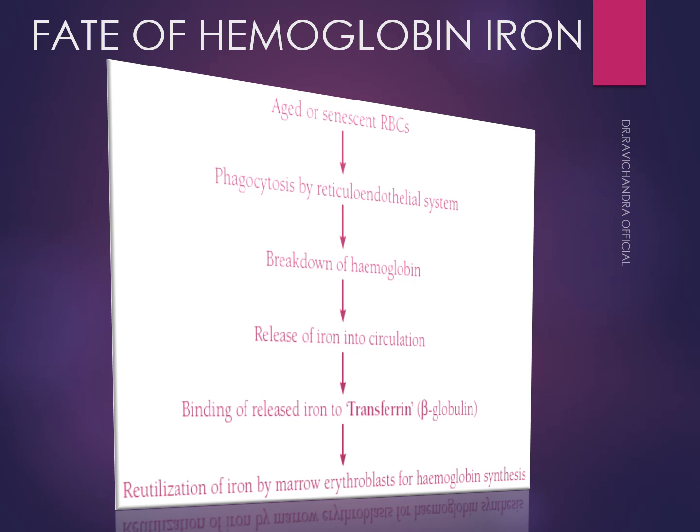RBC will be phagocytized by the reticuloendothelial system, liver and spleen, and there will be breakdown of the hemoglobin into heme and globin, and iron is released from the heme into the circulation. This released iron is taken up by transferrin, which is a beta globulin. Utilization of this iron by marrow erythroblasts for hemoglobin synthesis will happen.